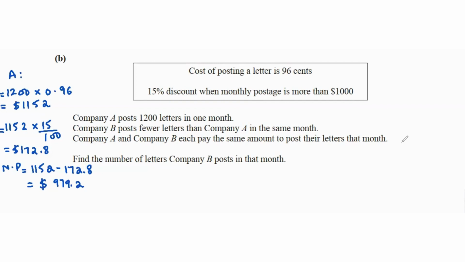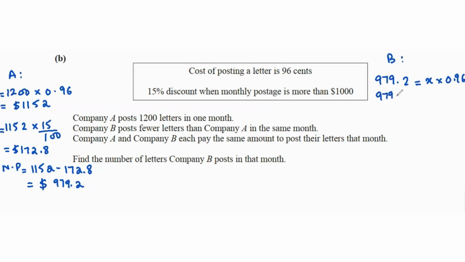So Company A is paying $979.2. So for Company B, it's also going to be the same: 979.2 equals, we don't know the number of letters they are posting, so that's going to be X times 0.96, because that is still the cost of posting a letter in that year.